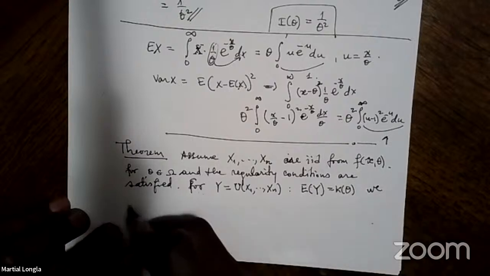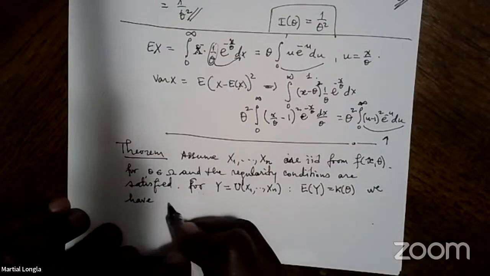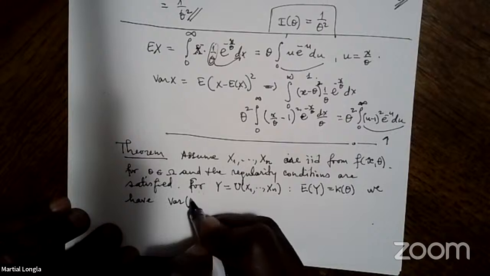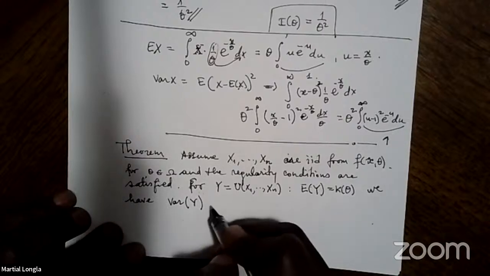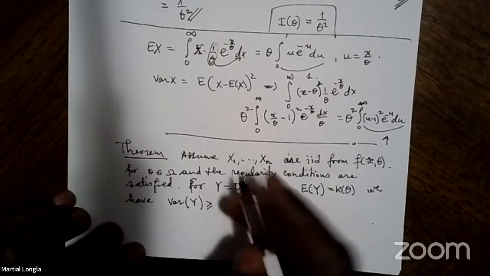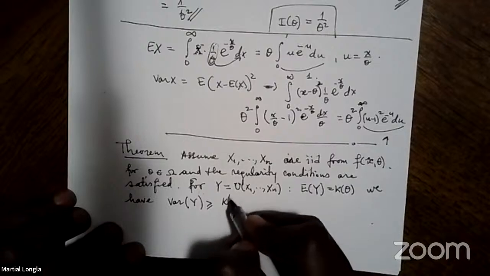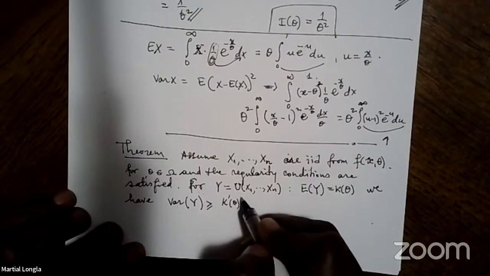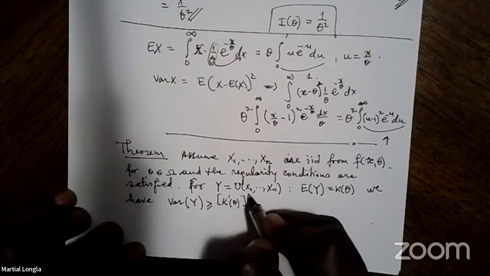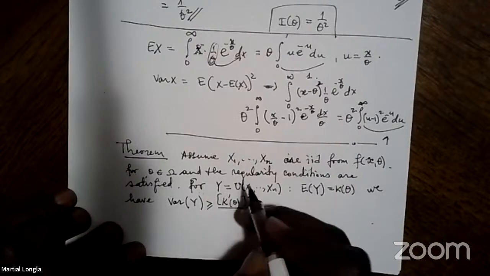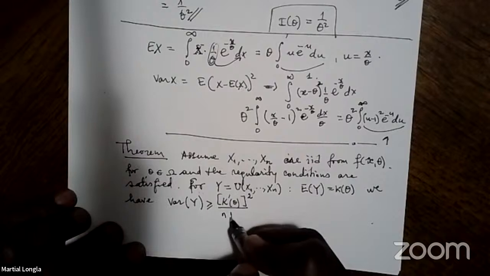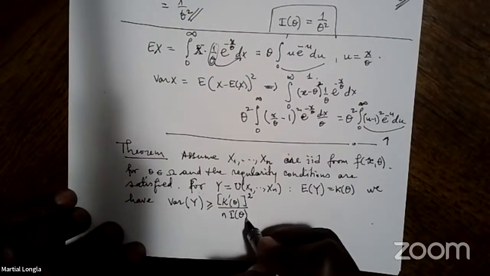We have variance of Y is larger than or equal to k prime of theta squared over n I of theta.